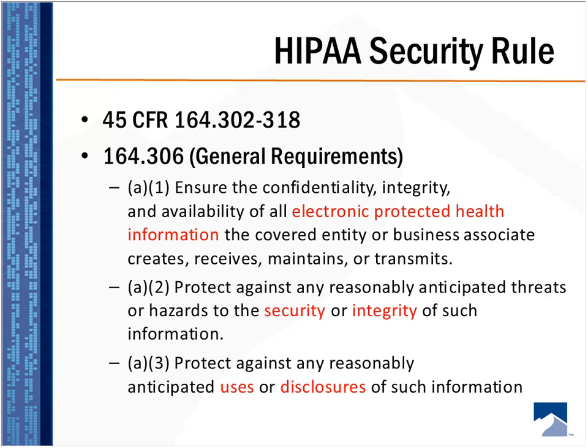The next part of the general requirements of the security rule is that we're looking to protect that EPHI against reasonably anticipated threats to the security and integrity of such information, and protect against reasonably anticipated uses or disclosures of our EPHI. We're going to come back again and talk more about what reasonably anticipated means and spend some time with these definitions.